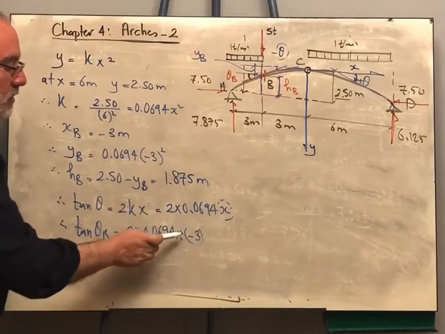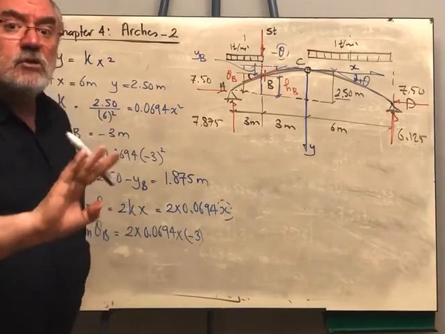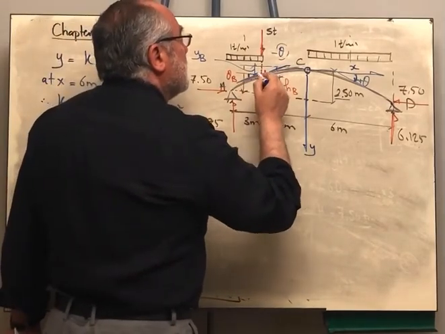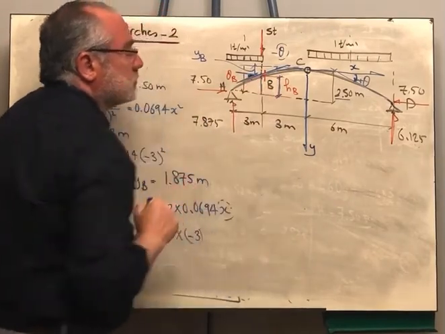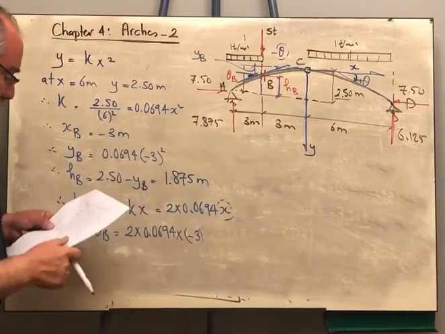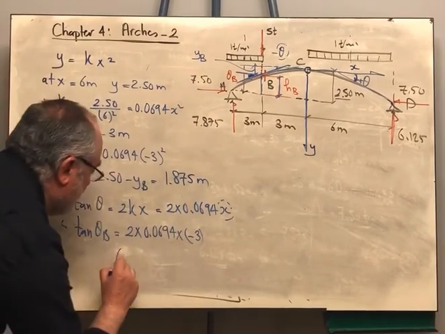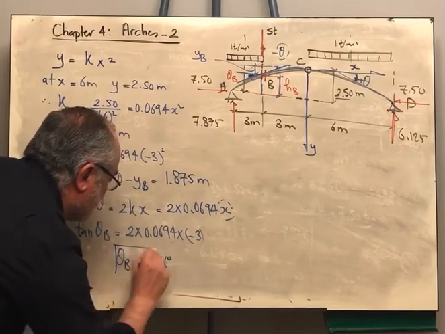It doesn't matter even if you don't substitute with the negative sign. We just need the magnitude of theta b, and we understand that it is the angle between the tangent and the horizontal, this angle here. Okay? So from there, theta b will be 22.16 degrees.